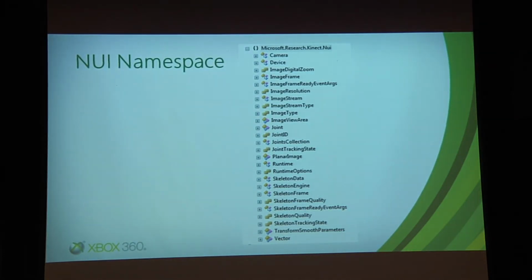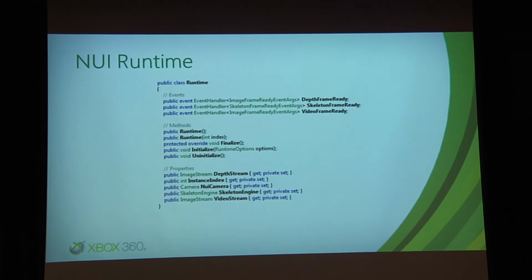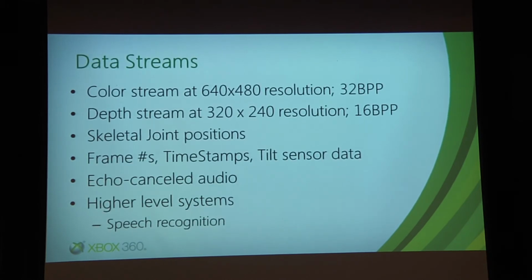We looked at the different namespaces in Reflector. We saw that runtime is the most important class. Okay, this is important. We saw the different streams that are possible from the Kinect. We looked at the color stream. The default resolution is 640 by 480, but it can also be 1280 by 1024 if you want. Now, I just have a quick comment to make here.